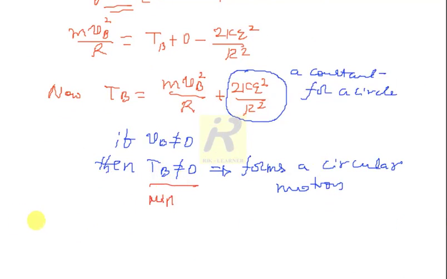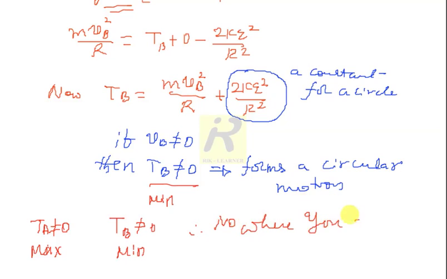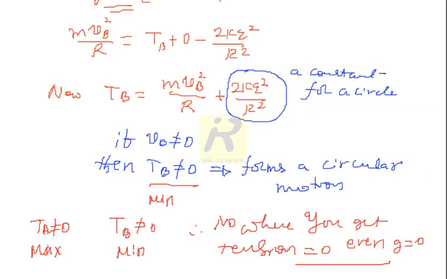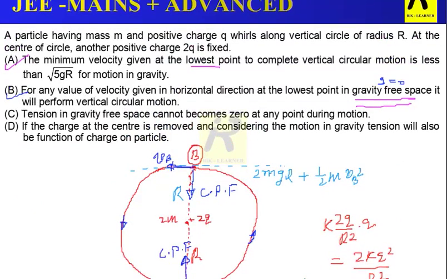So both are not equal to 0. Therefore, nowhere do you get tension equal to 0, even if g is equal to 0. So now I can simply say option C is also correct.